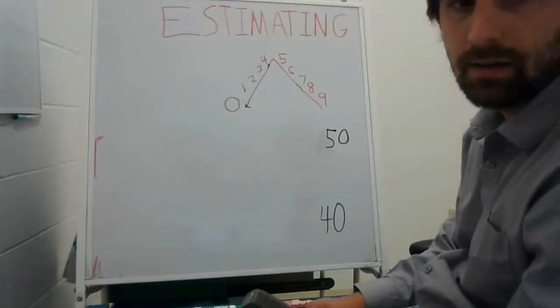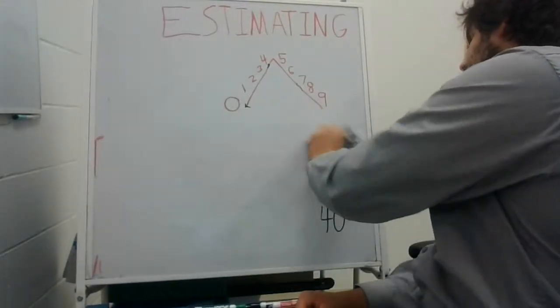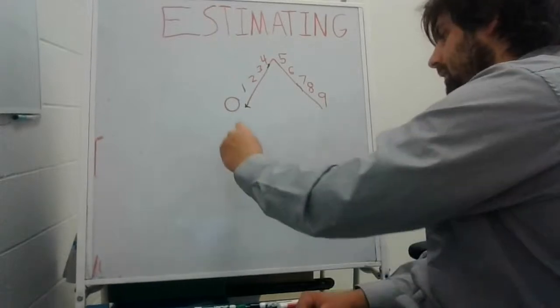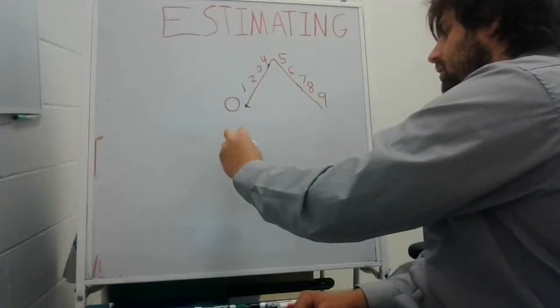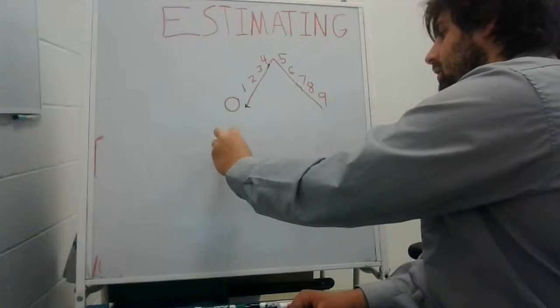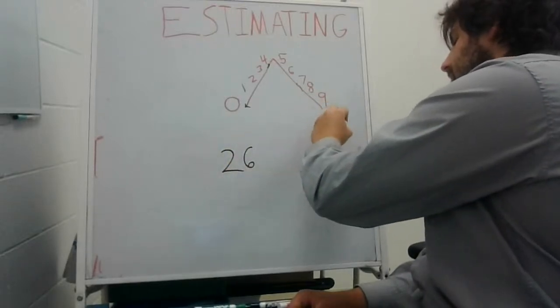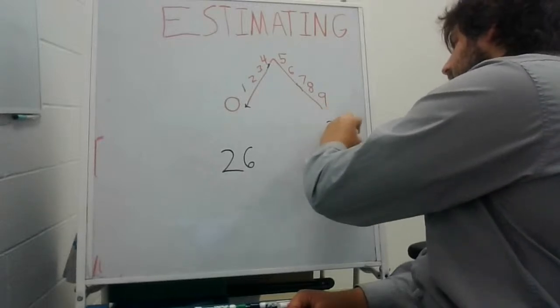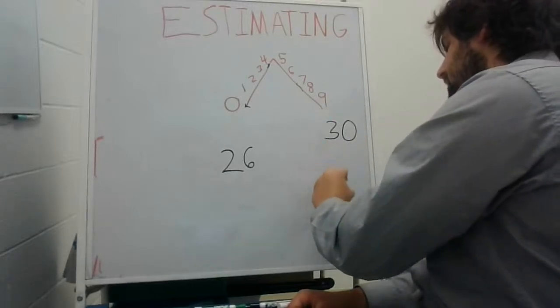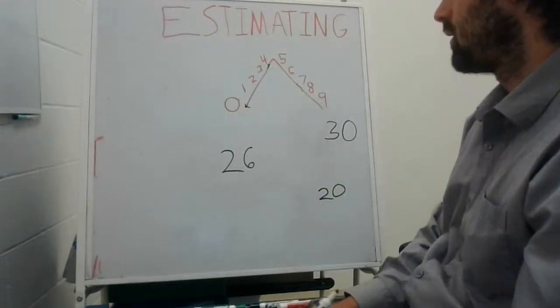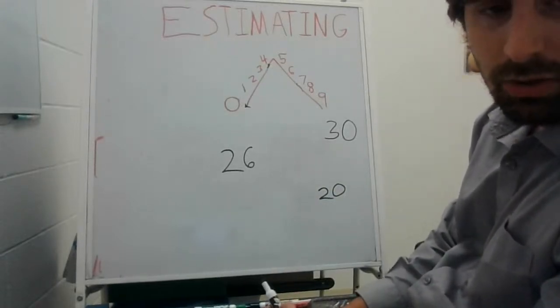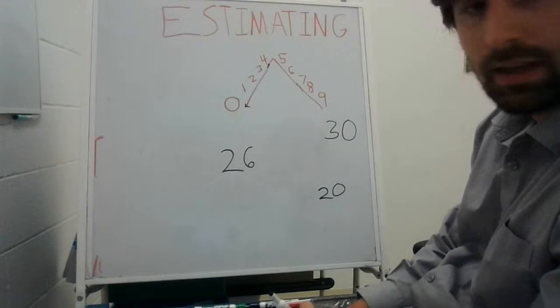All right. Let me break it down. Some new numbers now. So the number 26, the two closest 10s are 20 and 30.